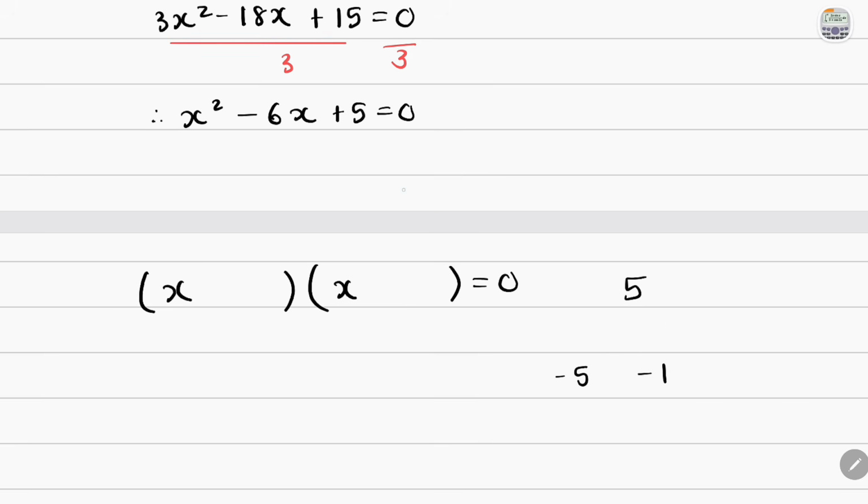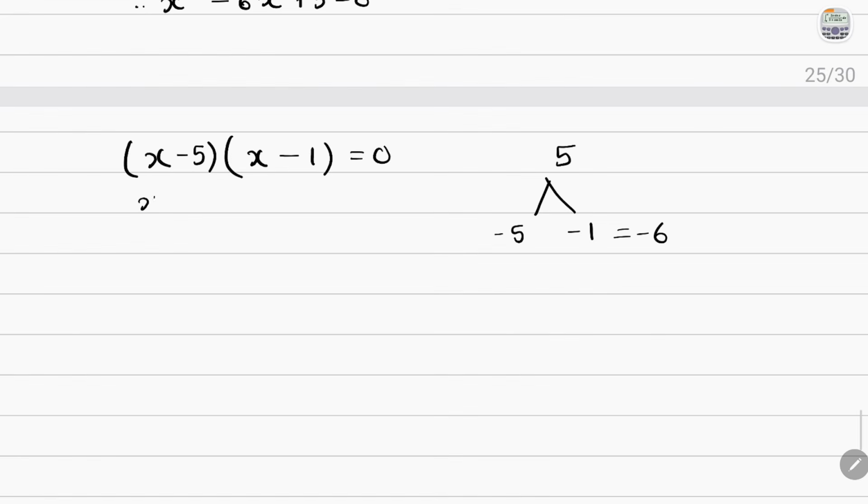So it can't be the positive and the positive, because then everything should be positive. So it's the negative and the negative. And so you know that -5 minus 1 also gives you -6, which is really the coefficient of your middle term. Okay, so this is -5 and then -1. Okay, so here x is simply equal to 5, and here x is equal to 1.